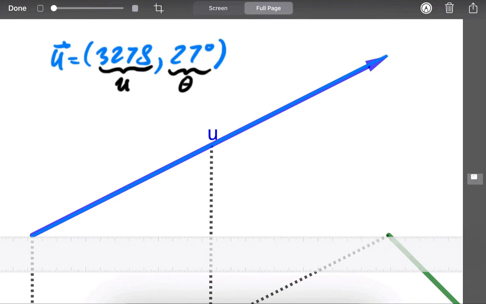We'll use those two numbers to predict the x component and the y component. The x component, ux, will be u times cosine of the polar angle, and the y component is u times sine theta.